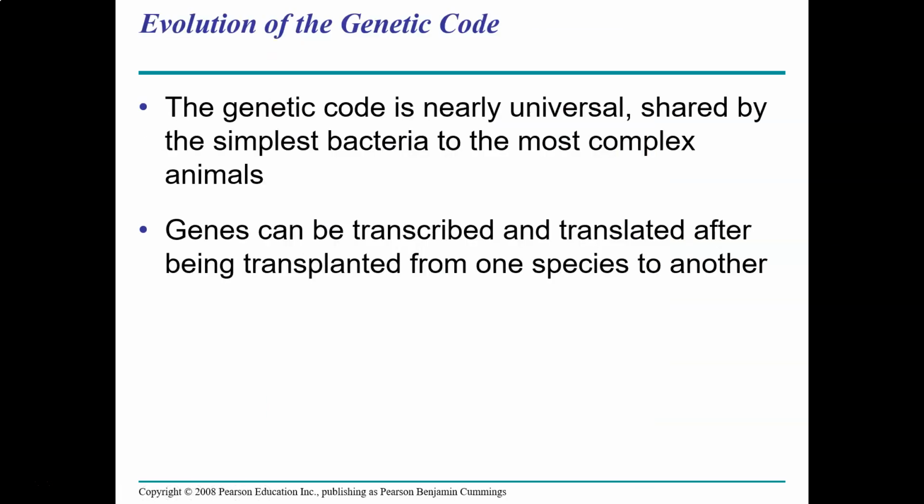Okay, so this is just what I've already mentioned, spelled out. The genetic code is nearly universal, and because of that, genes can be transplanted from one species to another and can still be transcribed and translated into proteins. So you can put the gene to make the hormone insulin in bacteria, and they'll make the hormone insulin.